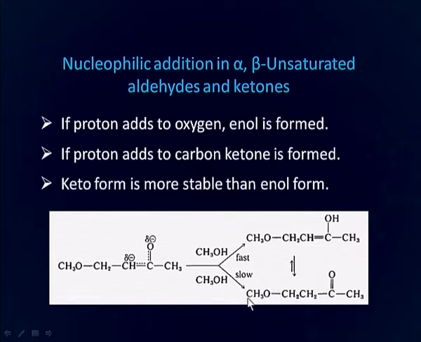Under any condition, this reaction is a faster reaction, this is a slow reaction, and after some time this 1,4 addition product is converted into 1,2 addition, this 3,4 addition, or you can say the addition has taken place at the alpha and beta next to the carbonyl group where this methanol has added.